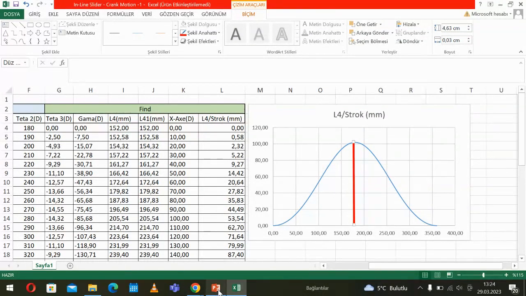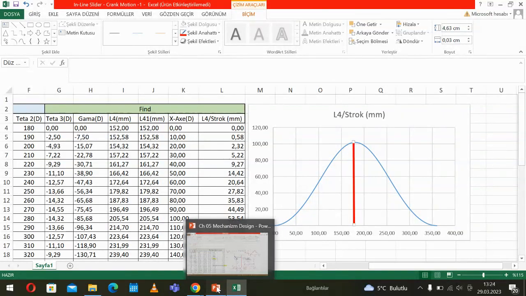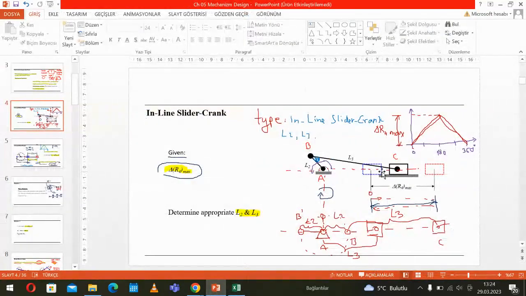That means we can calculate the velocity as a curve, as a part of this point C, and we can also calculate the acceleration later on. The next chapter will be velocity, and then after the next chapter we will talk about the acceleration. So that means we are able to calculate the velocity and acceleration of any points on the mechanism.